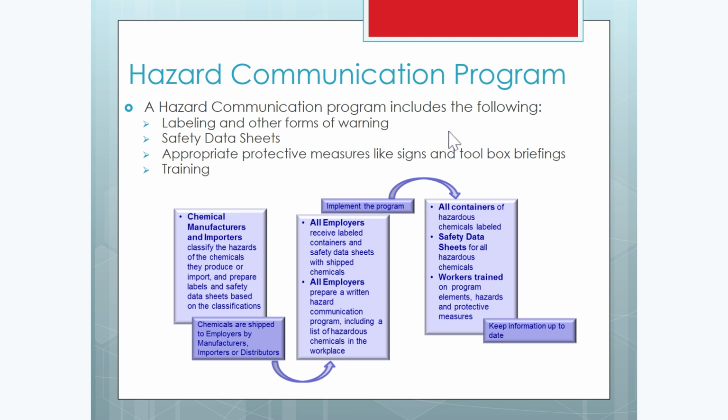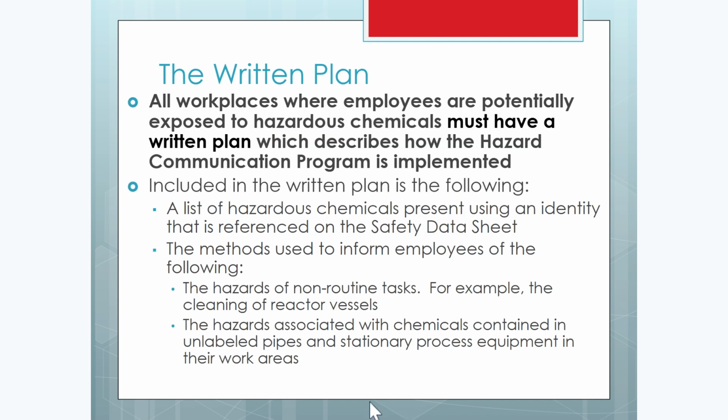Our hazard communication program includes the following. So we talked about the labeling and other forms of warnings, those detailed safety data sheets, appropriate protective measures like signs and toolbox meetings, and then training, which is what we're doing right now. The written plan: all workplaces where employees are potentially exposed to hazardous chemicals must have a written plan which describes how the hazard communication program is implemented.